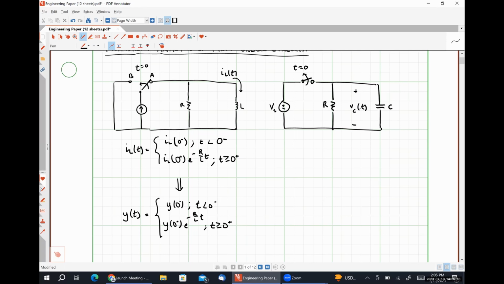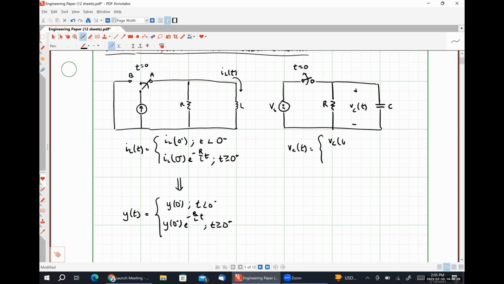And we found that vC of t was of the form vC at 0 minus for t less than 0 minus, and vC of 0 plus e to the negative t divided by RC for t greater than or equal to 0 plus.